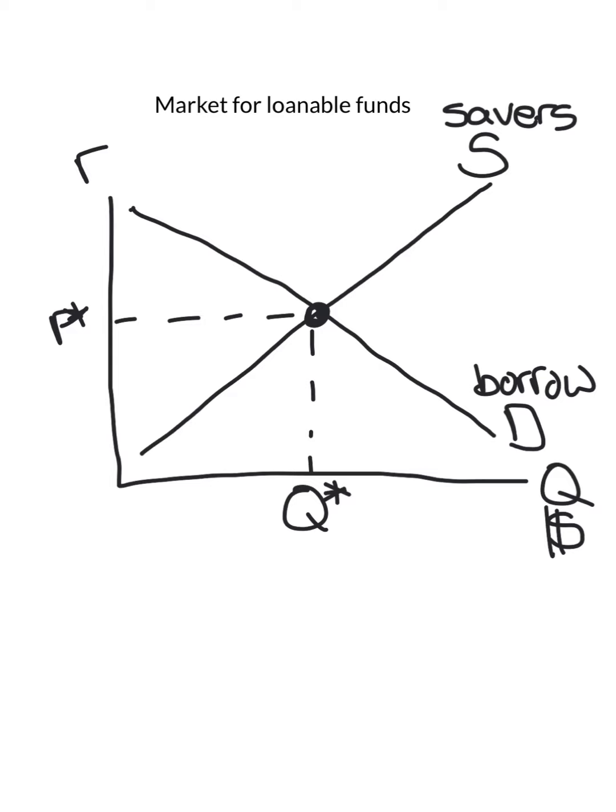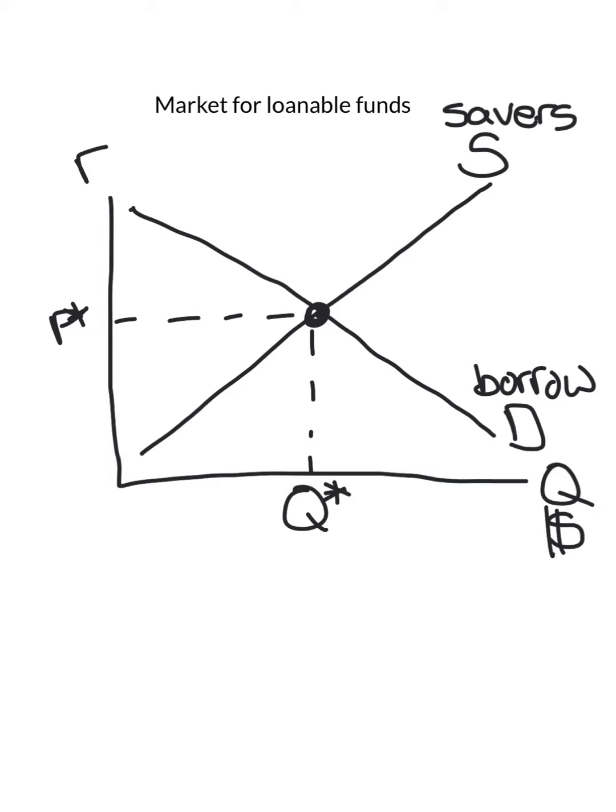So notice something interesting here. When the interest rate is high, the demand for loanable funds is pretty low. And if the interest rate falls, the demand for loanable funds increases. As we move from left to right, the highest returning projects are going to be the ones that are funded first.